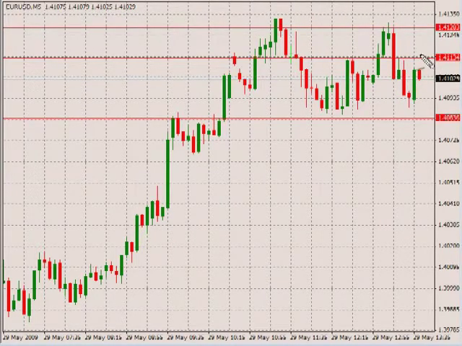When this moves up to this level here, that's where we're going to enter. When it moves up to here, this is where we're going to move our stop to break even. And here, of course, is our stop, our initial stop, where we're going to place it in case it moves down and we need to get out.